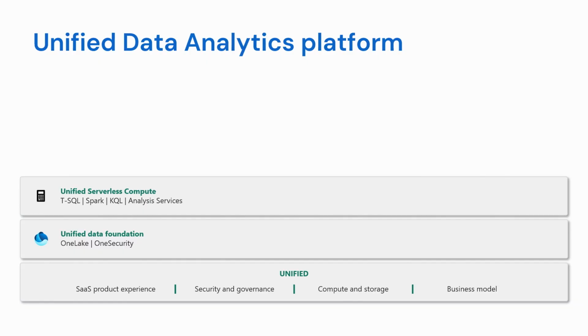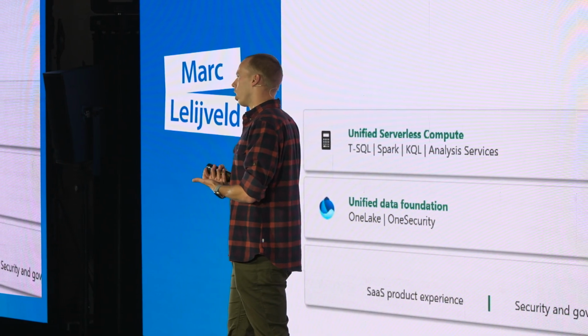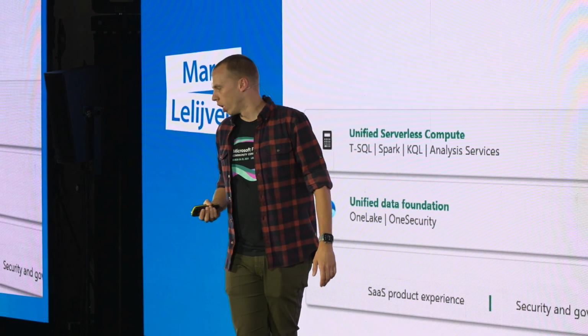The next thing we have is the compute. The compute is basically what we need in order to consume the data that we saved in OneLake. That compute is a unified serverless compute engine, which we call capacities. If you're familiar with Power BI Premium capacities, this is essentially the same thing. So you buy a capacity, which is the big virtual machine behind it, what you're using to consume your data, transform your data, bring it elsewhere.